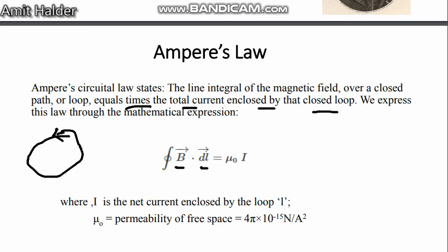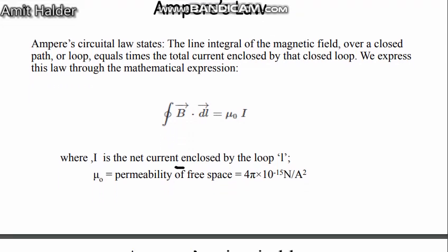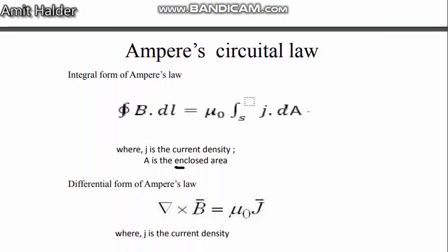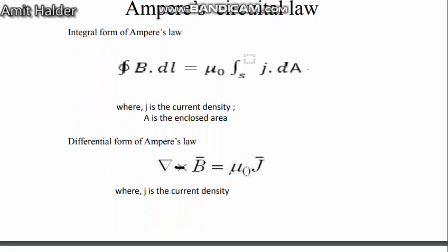Here mu naught is the permeability of free space, a constant value of 4 pi times 10 to the power minus 7 Newton per ampere squared. I is the net current enclosed by the loop. Now the Ampere's Circuital law.